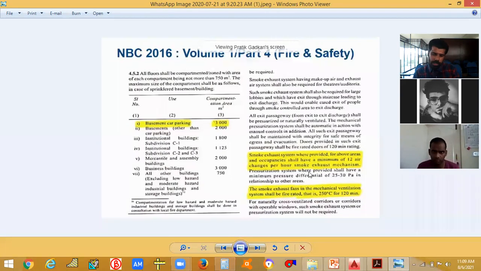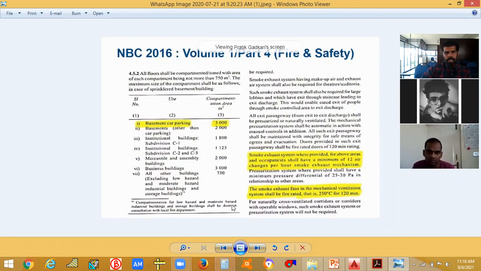Mainly stairwell pressurization comes in firefighting, but it is also a part of HVAC, that's why I am briefing this also. A pressurization system, where provided, shall have a minimum pressure differential of 20 to 30 pascal in relationship to other areas. So when you are giving pressurization, when you are giving supply air, you should have a pressure of 20 to 25 to 30 pascal.